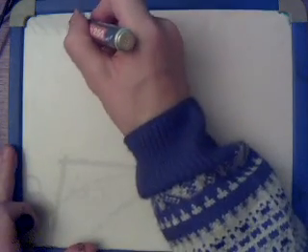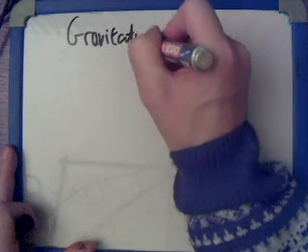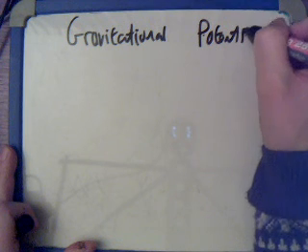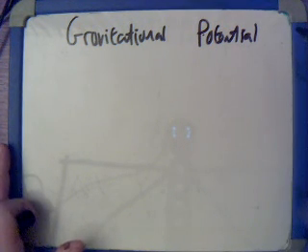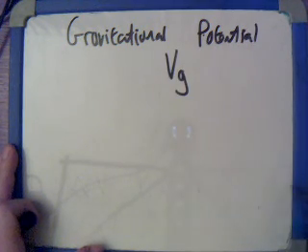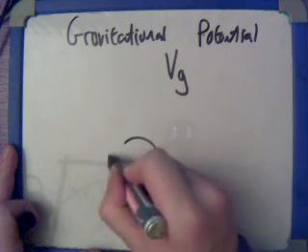Now, the next thing we'll look at is gravitational potential, denoted by Vg. So here is the Earth.